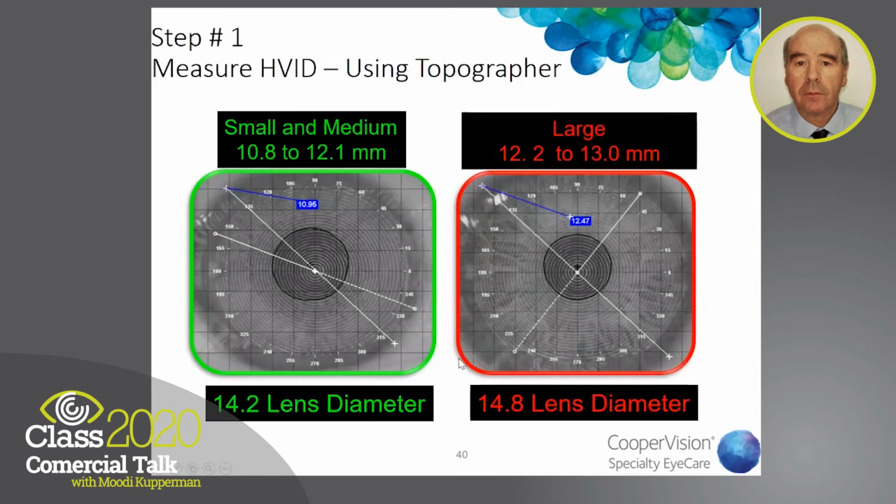The first step is to decide what is the diameter that we start with. The formula is to take the HVID, horizontal visible iris diameter, and add 2.5 millimeter, and the bigger lens should be the trial set diameter.